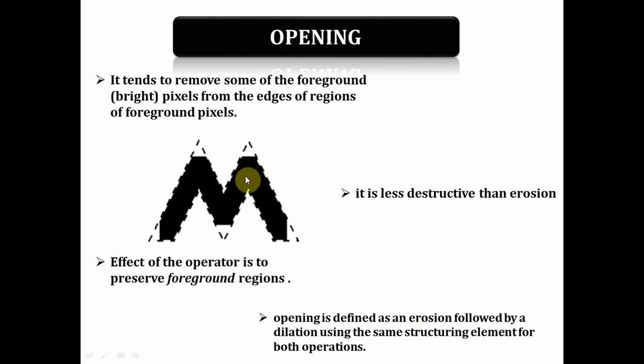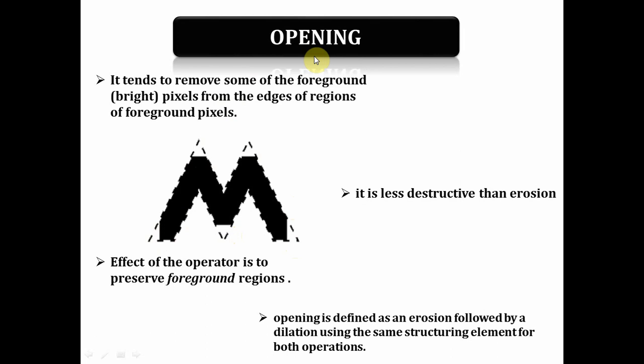If you see the original image, the boundary of the original image gives the actual shape of the original image, but if you see the output, some part has been eroded away from the input image using opening as a morphological operator.